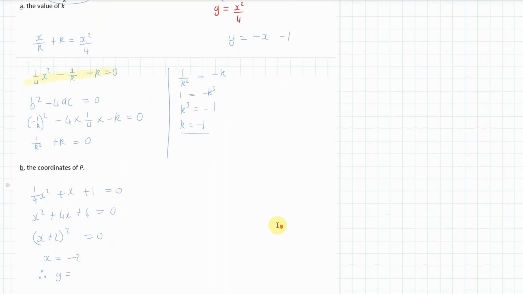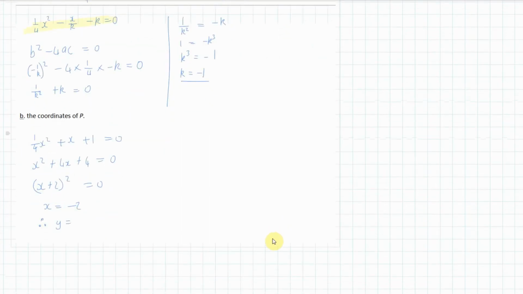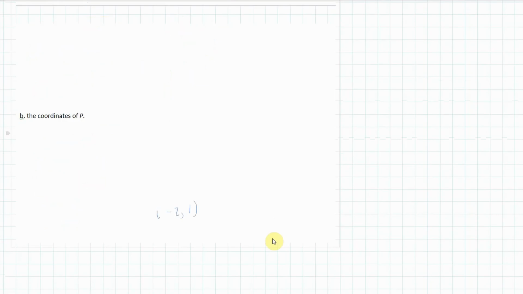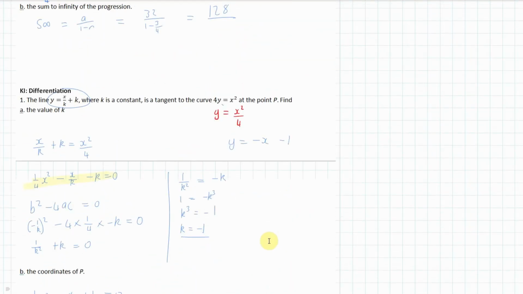So if we chuck in our value of negative 2, so we get 2 minus 1. So 1, I think y is equal to 1. So minus 2 comma 1, I think. Should be the coordinates of P, where the tangent occurs.